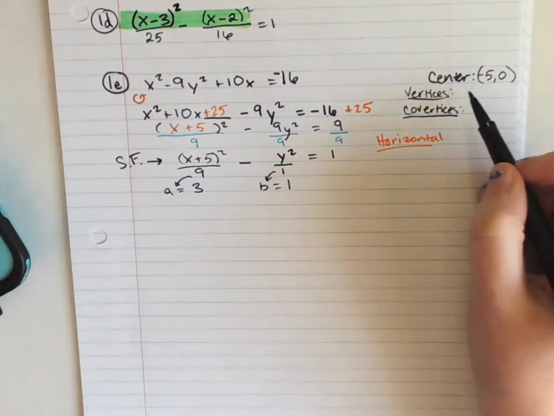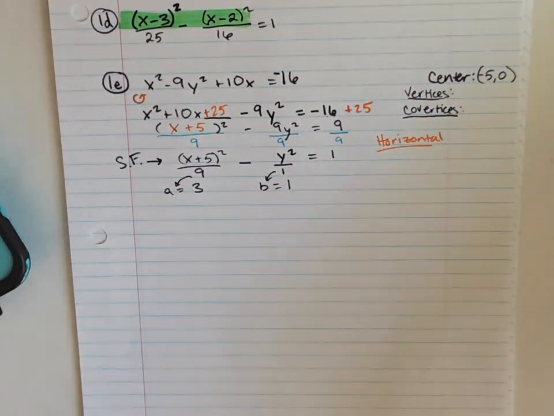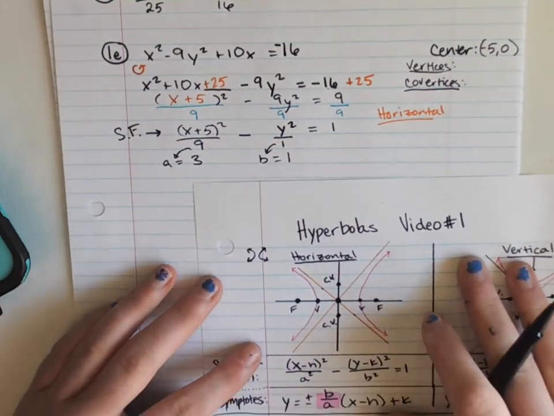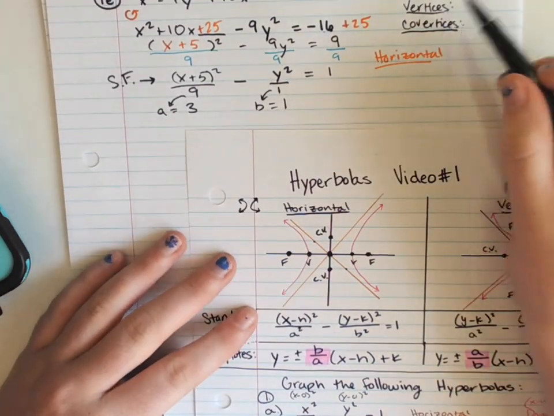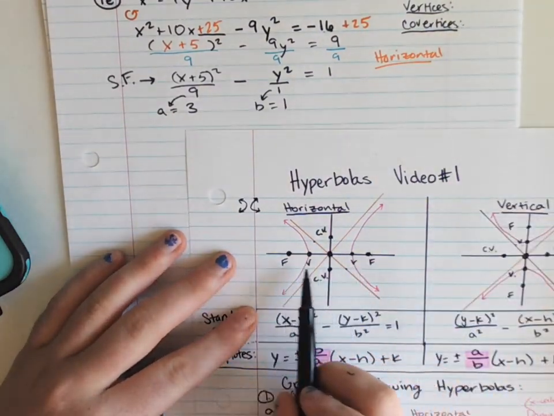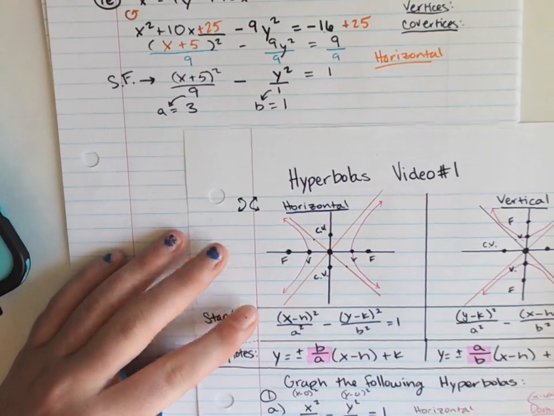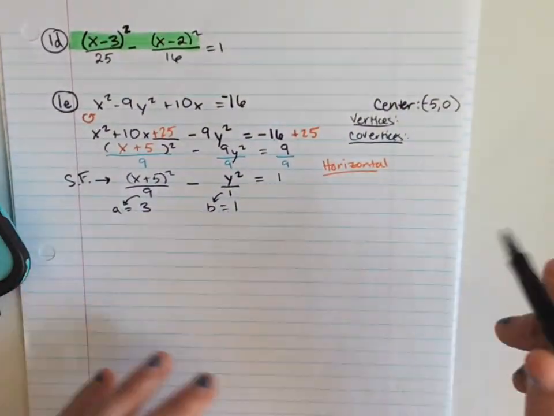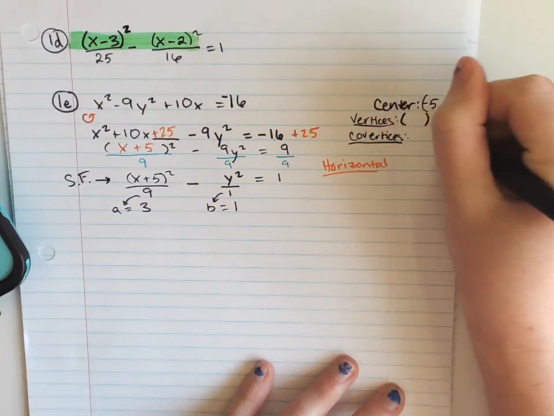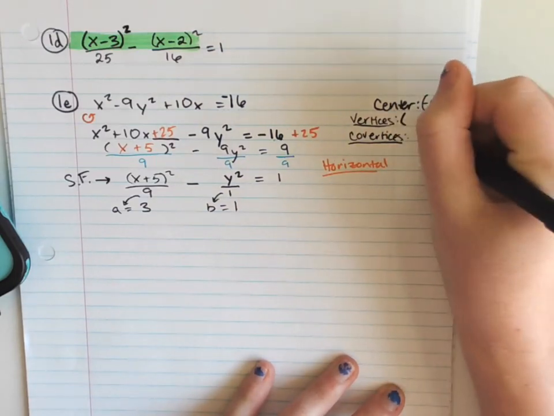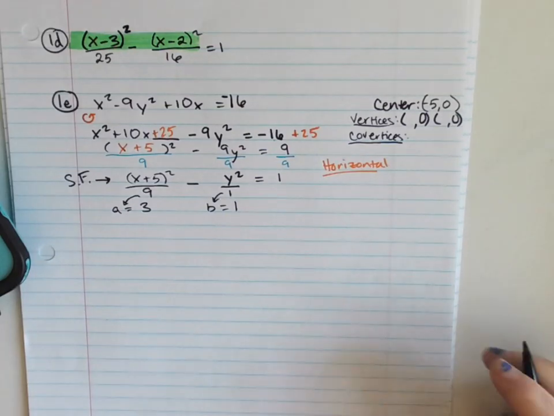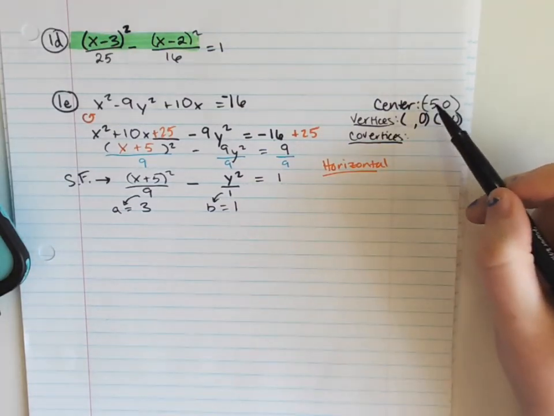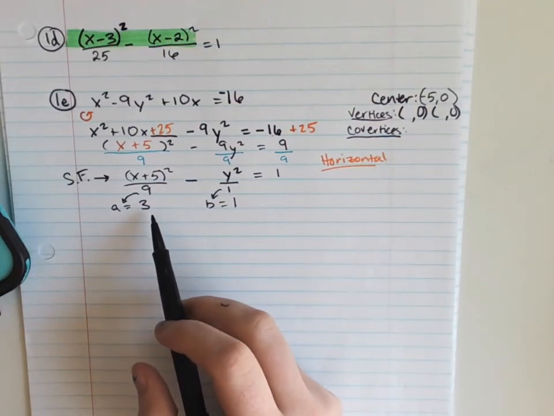Okay. So it's horizontal. I'm going to show that picture again. So the vertices are going to be changing left and right, so it's adjusting our x value, not our y value. So in this one, let's squish them in. The y value is still 0. We're changing the x value by a unit of 3, both left and right.